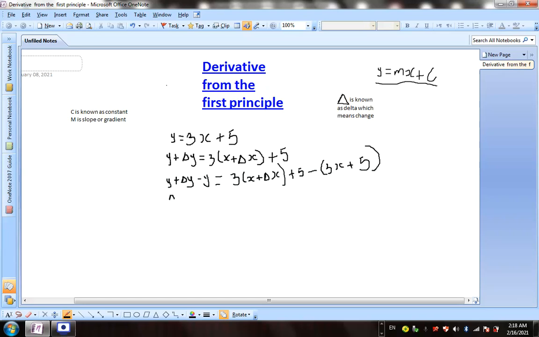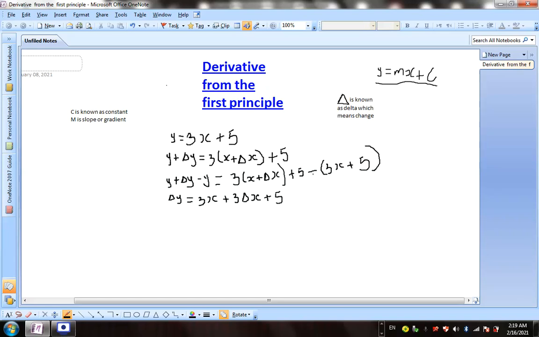So here we are left with dy, which is equal to, let's expand the bracket. So we have 3 times x, we have 3x, plus 3dx, plus 5.